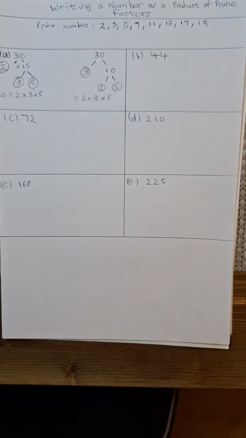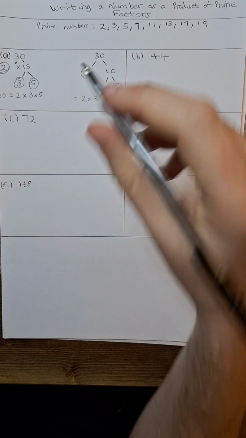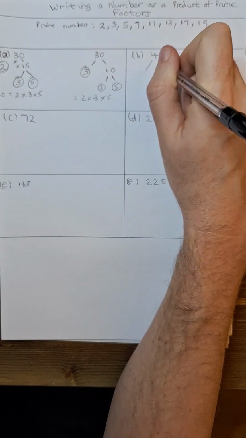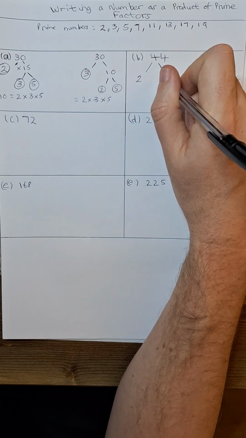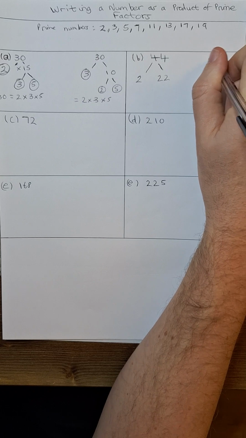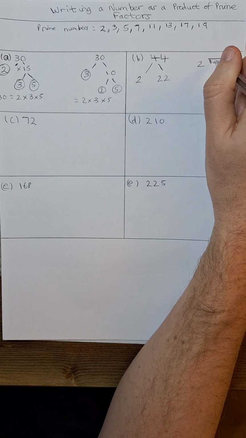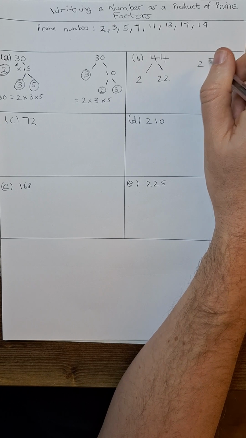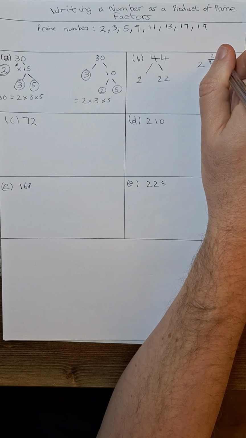Okay. Next one, 44. How do I write this as a product of prime factors? Well, again, I know it's an even number, so it divides by 2. So mental maths, I know it's 2 times 22. However, if you're unsure, simply do your division method. 4 divided by 2 equals 2, and 4 divided by 2 equals 2, so 22.